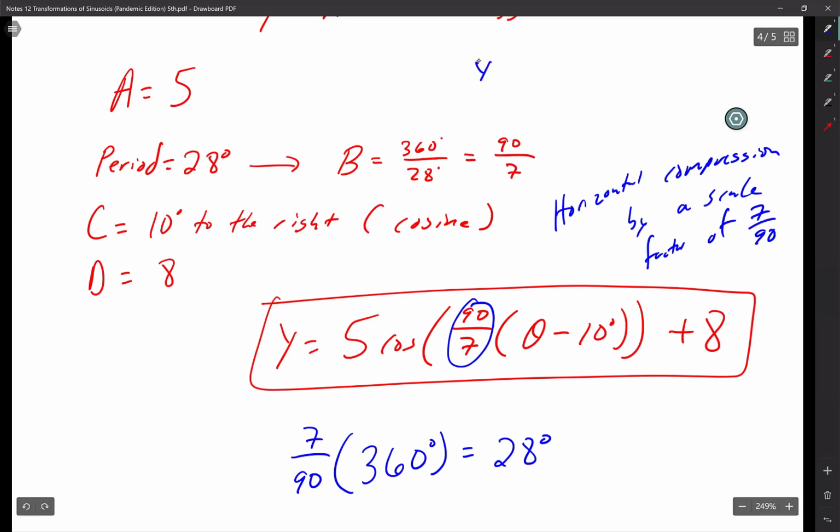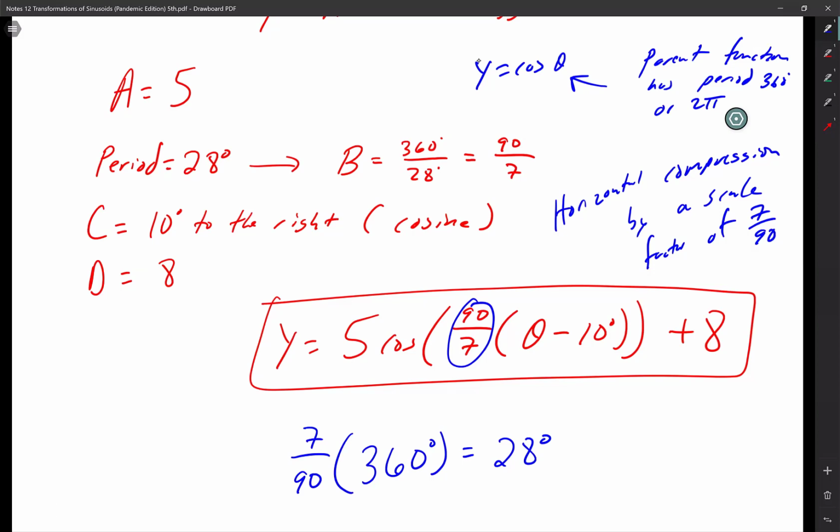The parent function y equals cosine x, or cosine theta, has period 360 degrees, or 2 pi if you're in radians. Is this making sense to everyone? Virtual class, is this making sense to you guys? Yes. Okay. All right, I think we're good. Let's keep going.